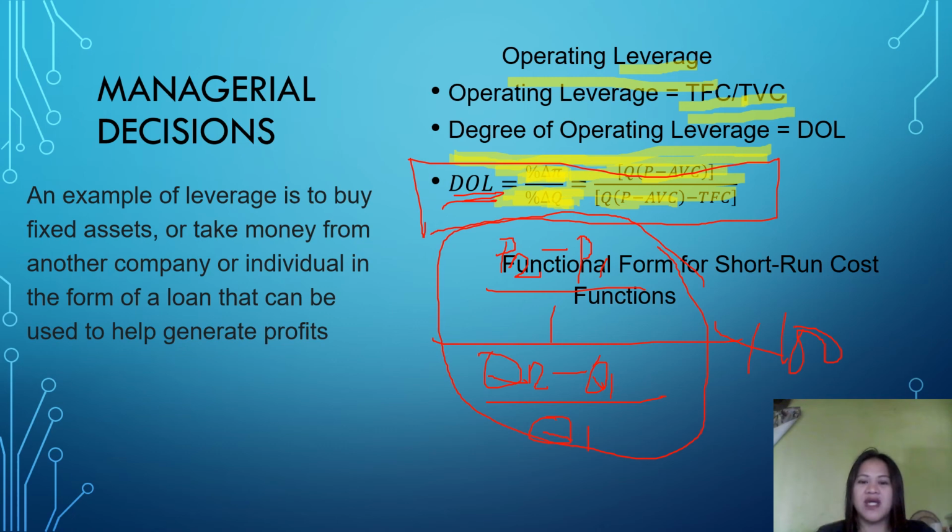Ganun po ang ibig sabihin ng ating degree of operating leverage. Okay? So, for the ending part of it, we have to distinguish the different functions that you're going to use if you are already on maximizing profit and minimizing cost.